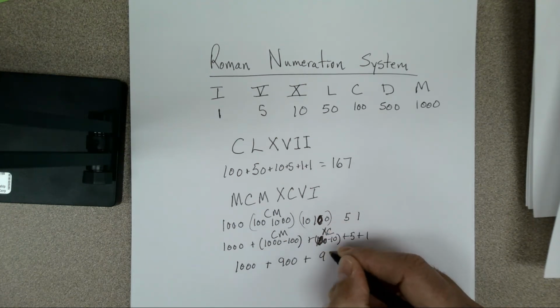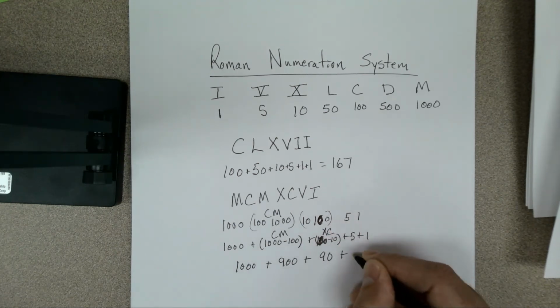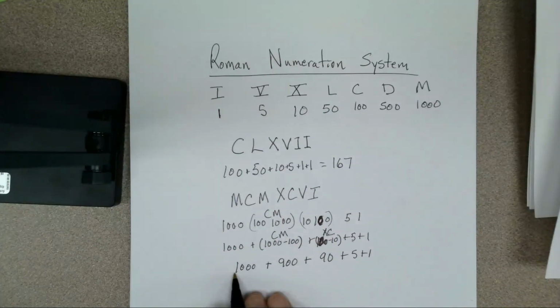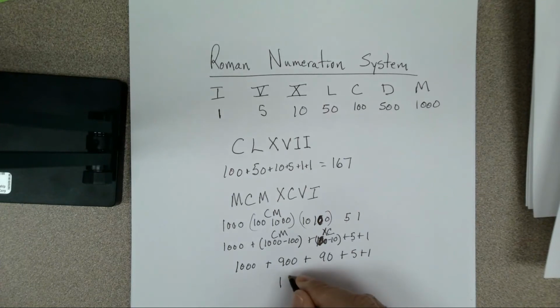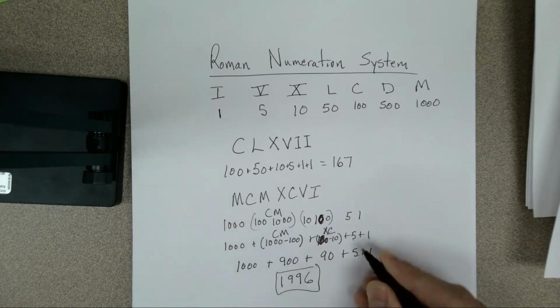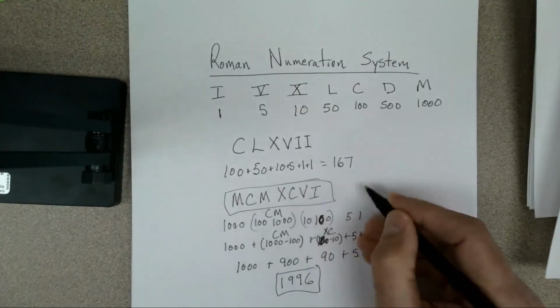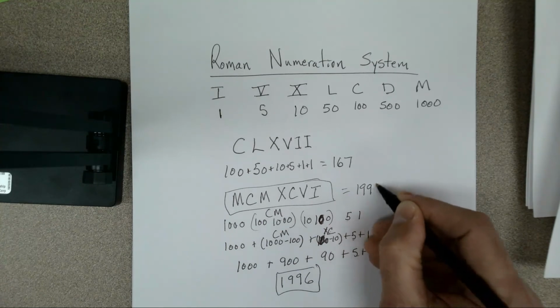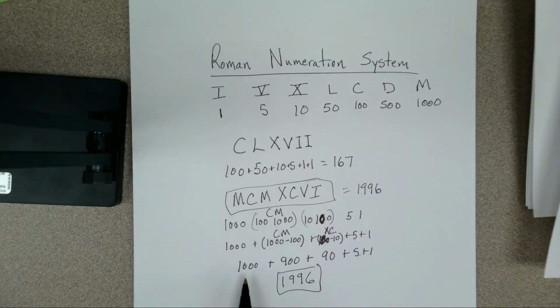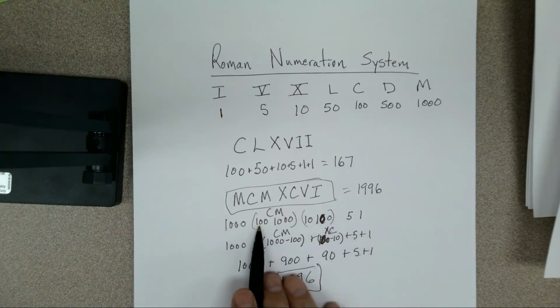So that's 90, then plus 5 and 1 here. Okay. So this is 1,990, and then 5 and 1 is 6. So that's 1996. This is the year 1996 is what that translates to, really, if you think of that. Okay. So as you move left to right, if you ever go from a smaller to larger, you're going to have to end up subtracting those two.